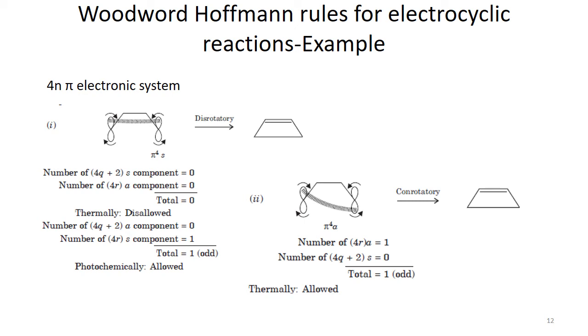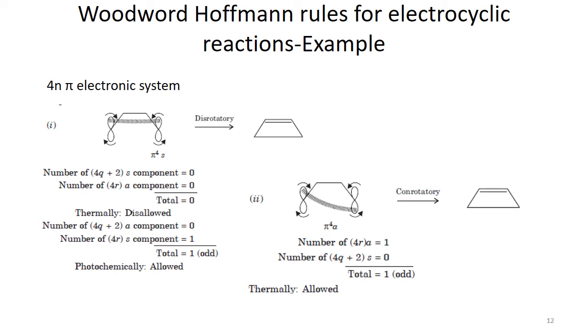For the lobes to interact on the same side, they have to move in opposite directions, that is disrotation. So for disrotation we call it suprafacial. When it is suprafacial, we have disrotation leading from this pi 4 system to the cyclobutene.